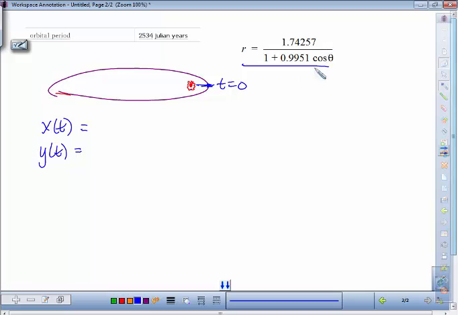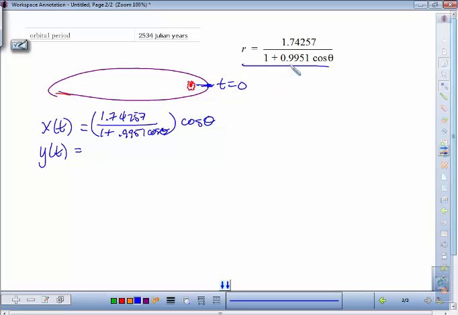So it'll be r cosine theta. So this is r right here. So we would have to rewrite the whole thing. We'll say 1.74257 divided by 1 plus 0.9951 cosine theta. So that's your r. And then you're going to multiply that by cosine theta.